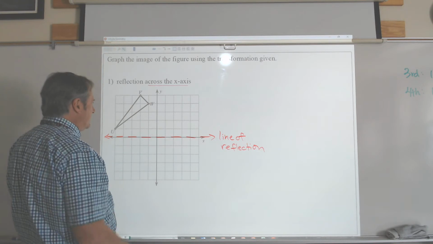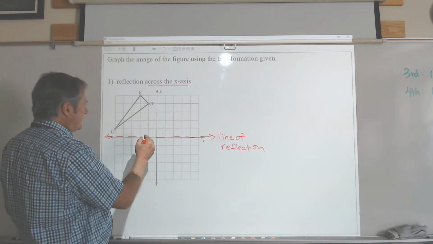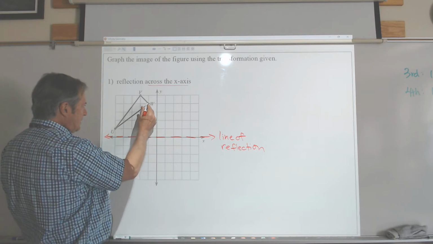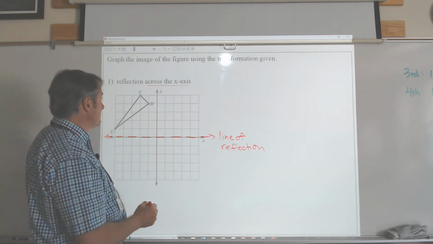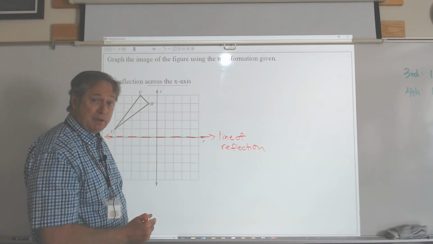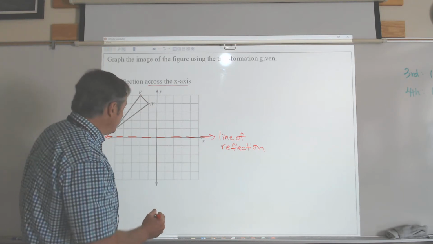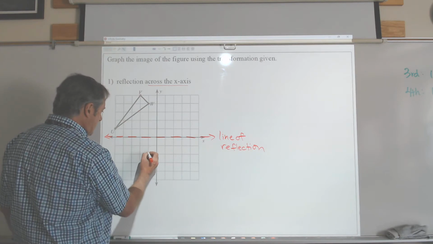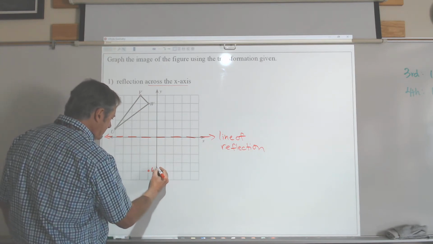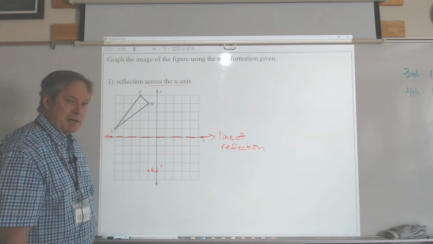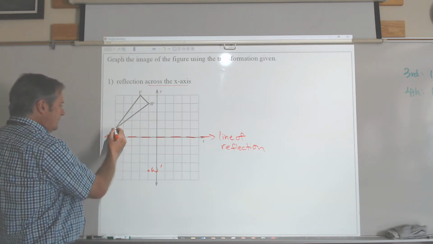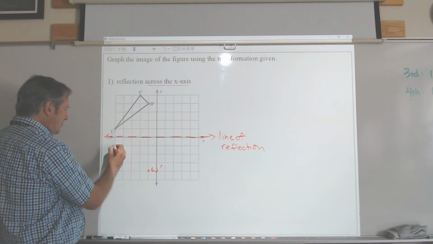You take one of the vertices and you say, okay, point W is up 1, 2, 3, 4 above. So if I'm going to go across, that means I'm going to come down 4 below for my W prime. So sure enough, 1, 2, 3, 4 below. That's W prime. Point U, 1 unit above, U prime, 1 unit below.